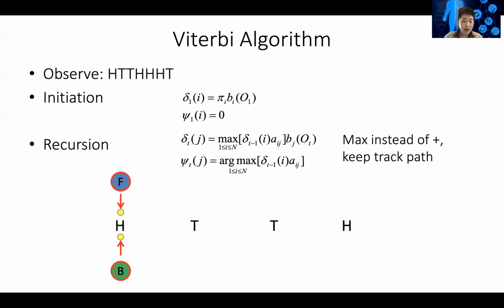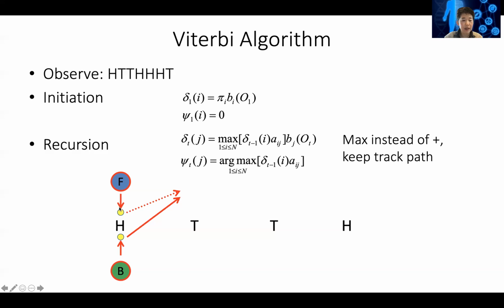So let's say we want to look at this delta number for the second coin being a fair coin. We ask, if this is a fair coin, what are the chances?